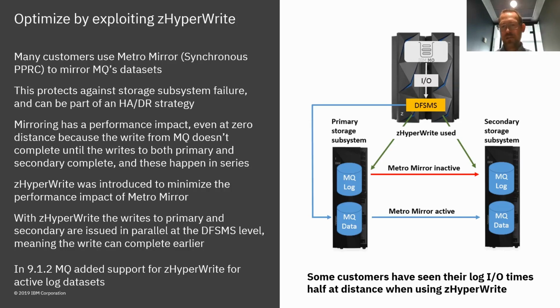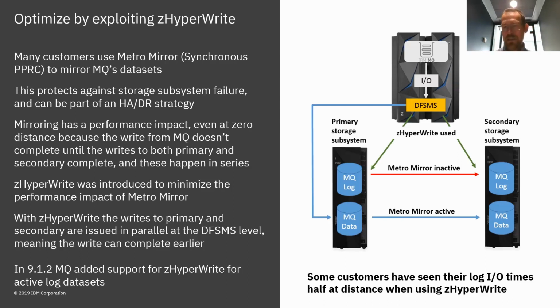And that's kind of what's shown here. So with zHyperWrite, you write to the primary and the secondary disk in parallel. And basically it means that on average your IO latency, the amount of time it takes to do the write, approximately halves, but it does depend on where your disks are.